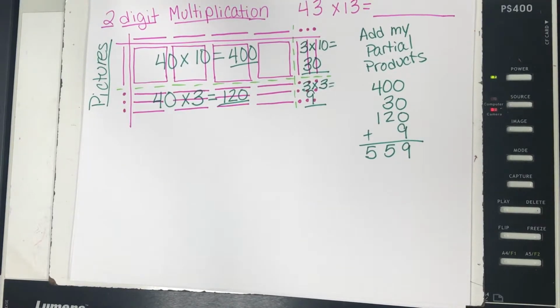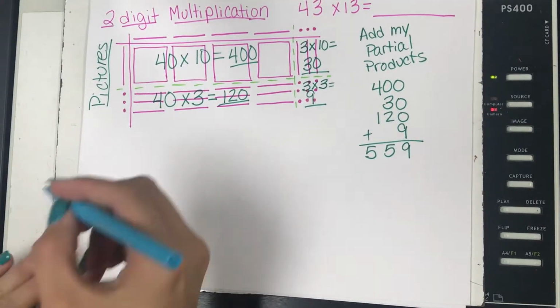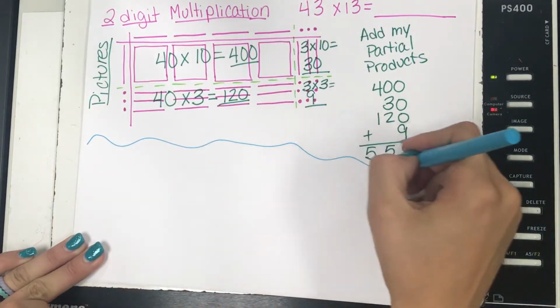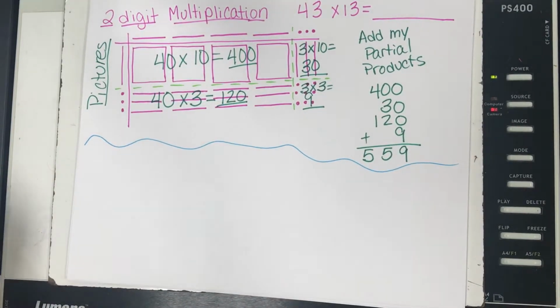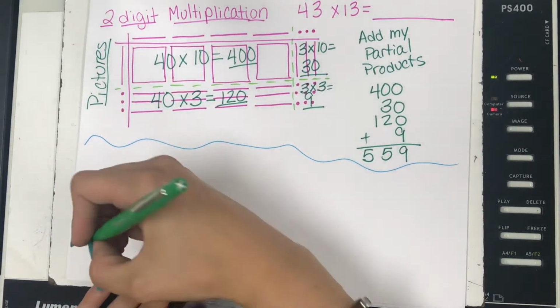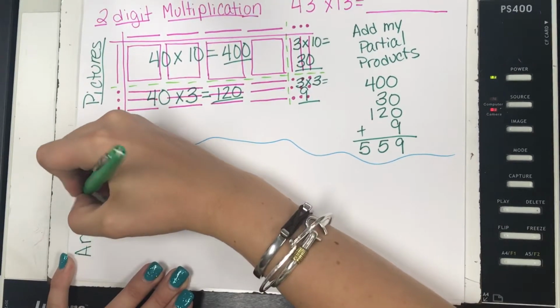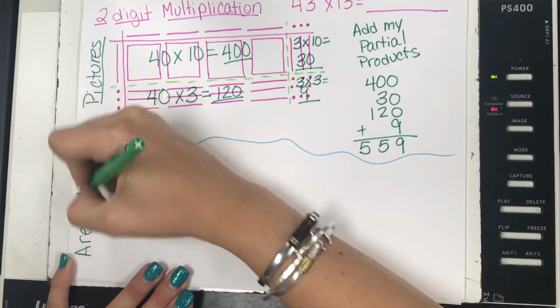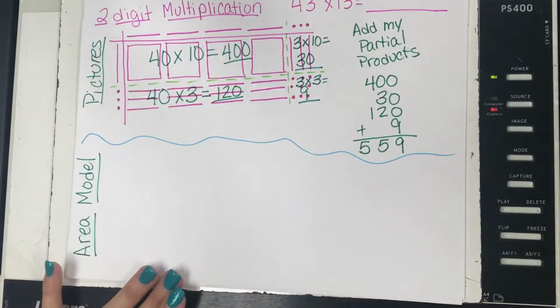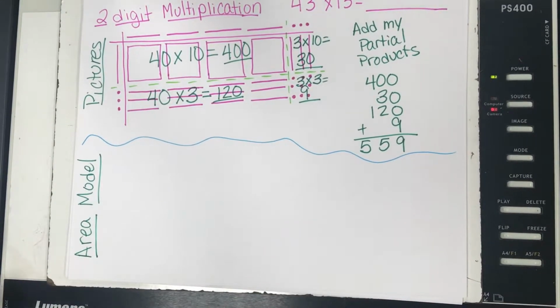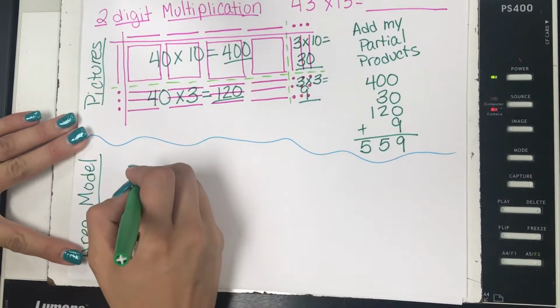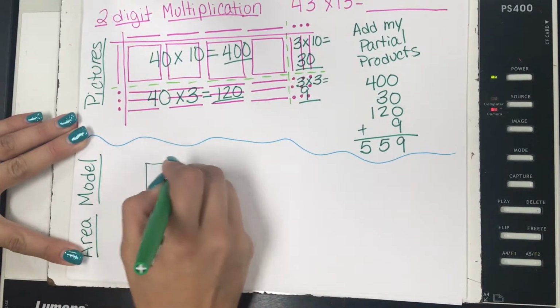So, I am going to divide my paper so that you can see that the next way would be my area model. Okay, this is where I use that box. So I'm going to go ahead and draw my box.